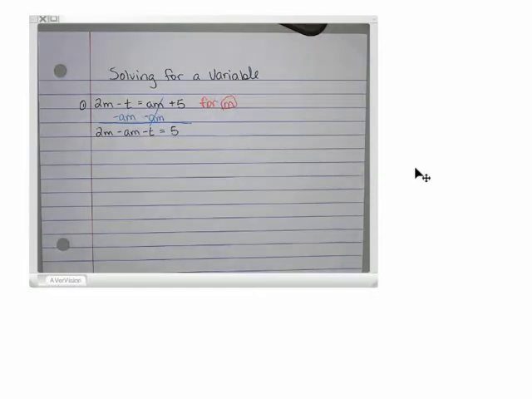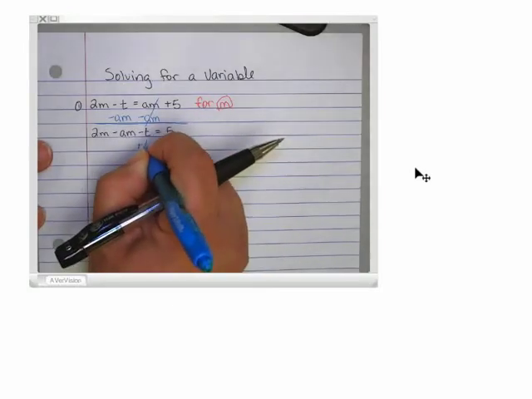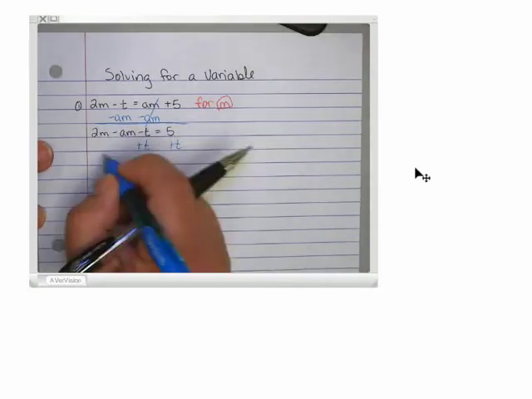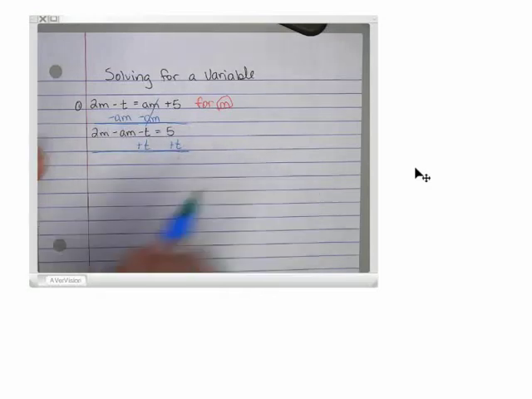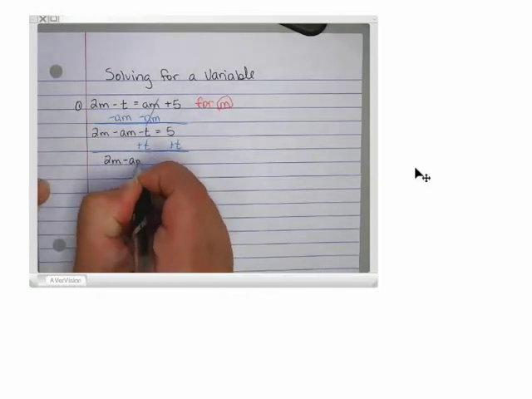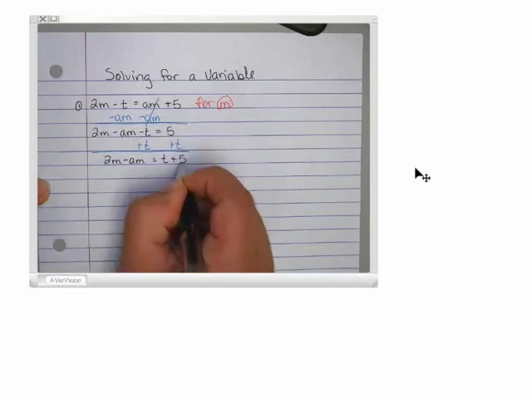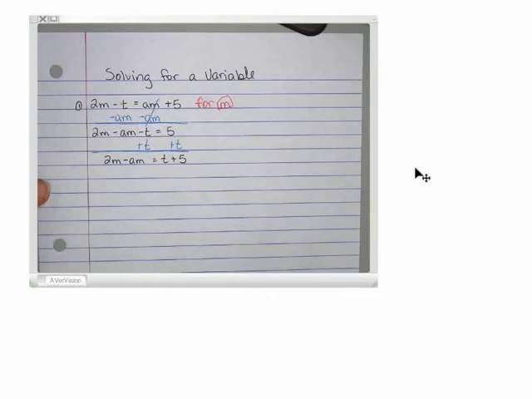Well, let's go ahead and get t onto the other side. So to get rid of a minus t, we're going to plus t. So 2m minus am is going to equal t plus 5, or 5 plus t.